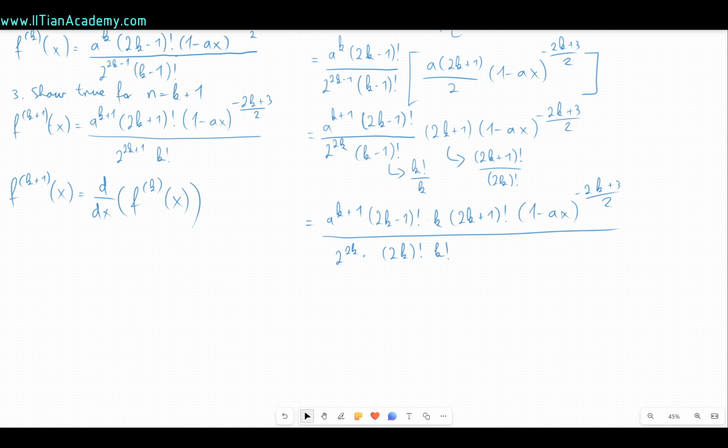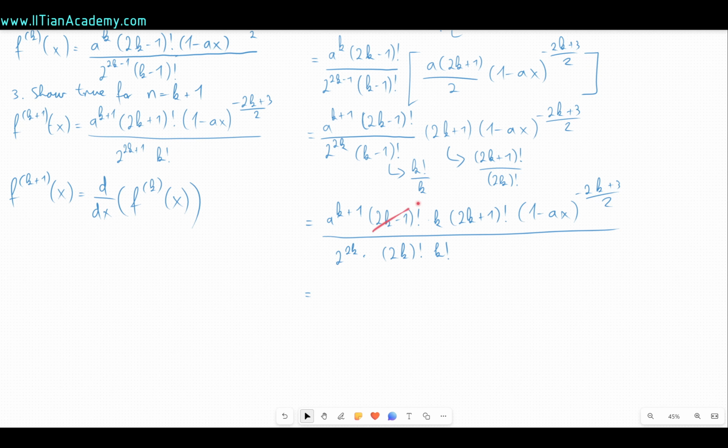So now we're getting somewhere because we have the terms that we wanted. At least we wanted this term to be here for sure. So we're at least getting somewhat closer. So what we can see now is that this here can be simplified. 2k factorial is just 2k times 2k minus 1 factorial.